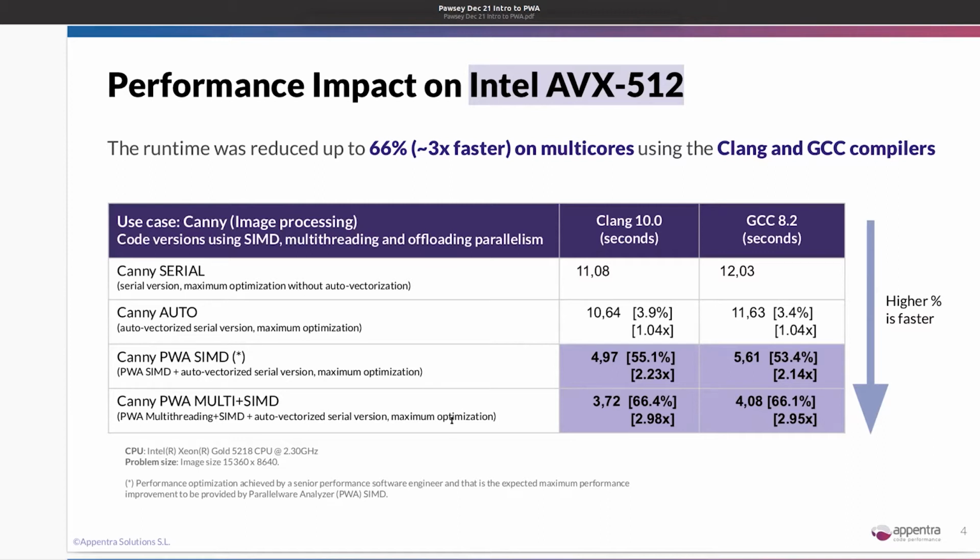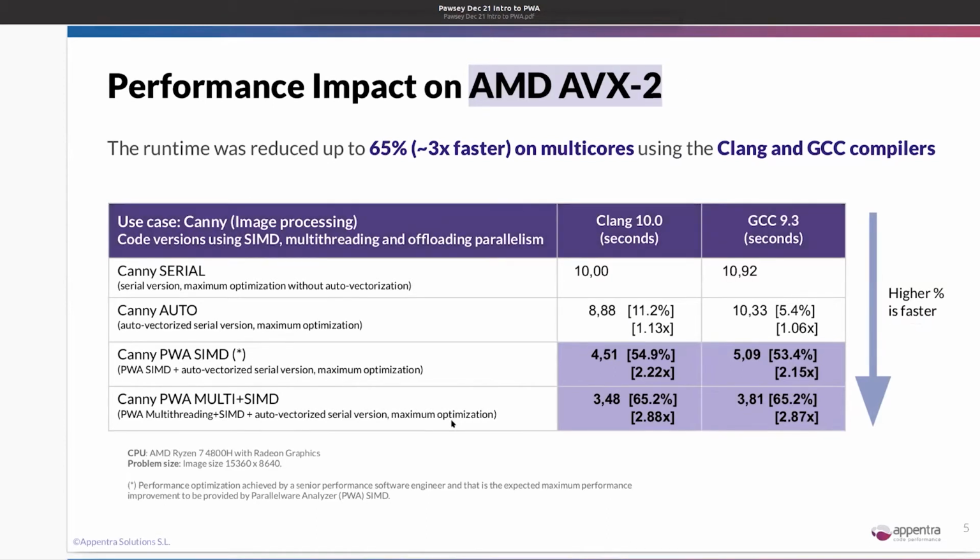Depending on whether your code is more or less hardware friendly, you may have to change it or perform some code refactorings that Parallelware Analyzer can help you with. Or if your example is very hardware friendly, it can easily be parallelized to improve performance. Then in just a couple of steps, you can already achieve this speedup. Like I said, we will be seeing this in the demo. These numbers here are for AMD, and the results are pretty similar in this case.